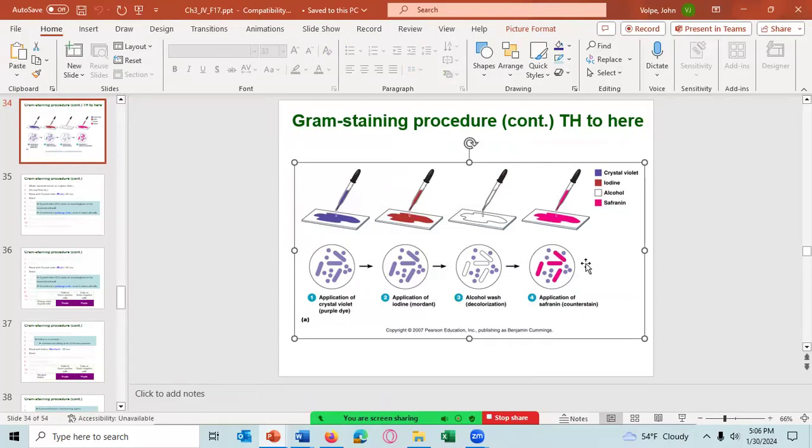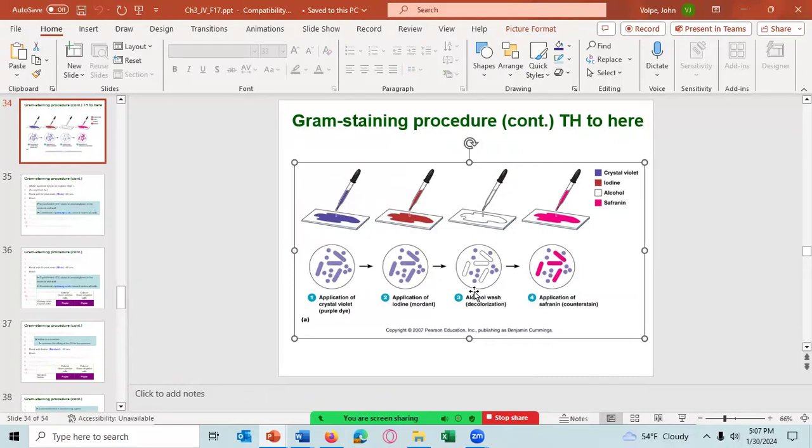All right, so this slide shows you the different colors that the cells get in the gram stain. Initially, both gram-positive and gram-negative cells stain blue-purple from the crystal violet. They then stain purple-purple from the iodine added to the crystal violet.